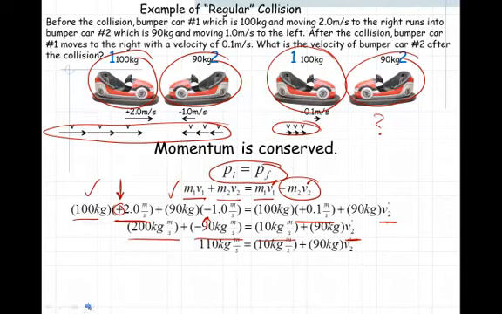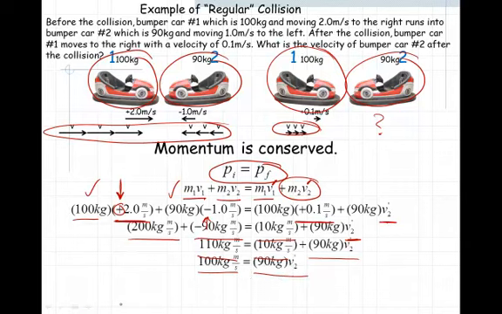So in our next step, we add the 200 and negative 90 to get 110 kilogram meters per second. On the right-hand side, we still have 10 kilogram meters per second plus 90 kilograms times v2 prime. Then we subtract the 10 from both sides, so we get 100 kilogram meters per second on this side, and we still have our 90 kilograms times v2.